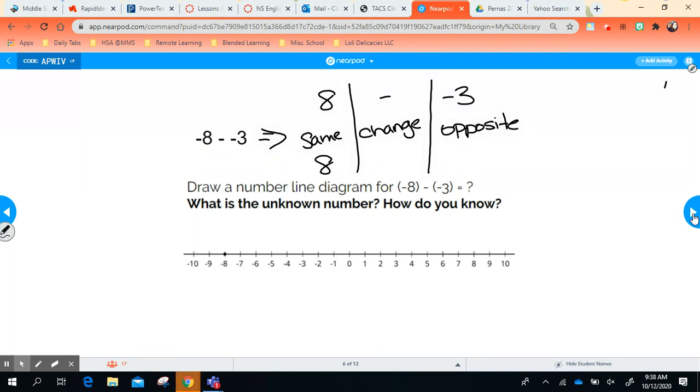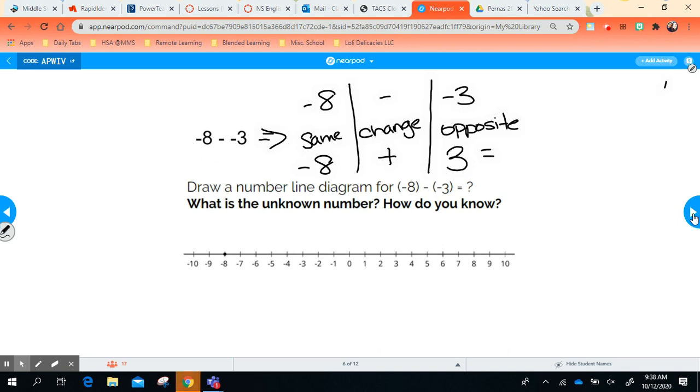I change my subtraction to what? Addition, multiplication, division. What am I changing it to? Addition. And then my -3. What's the opposite of -3? +3. So then I just have my 3. You can do +3 if that works better for you. Oops, and I forgot my negative. My bad. So now I have -8 plus 3.